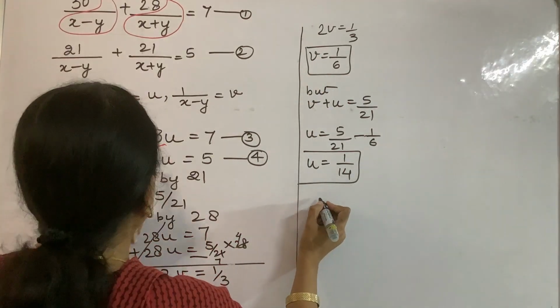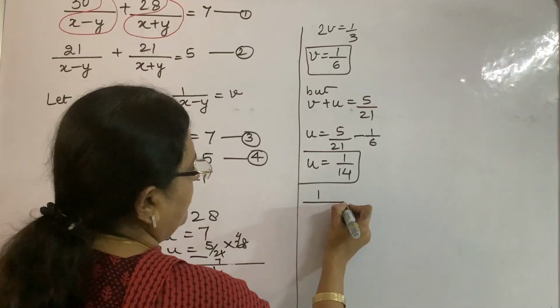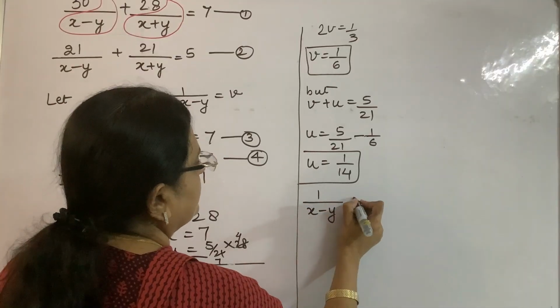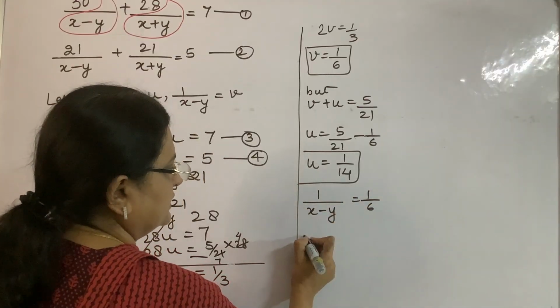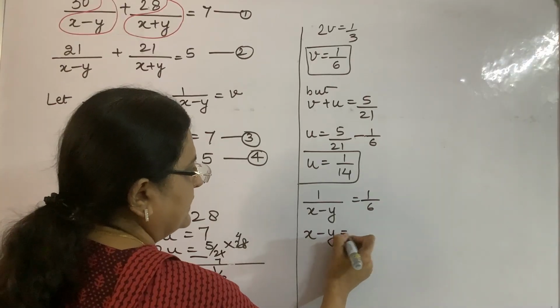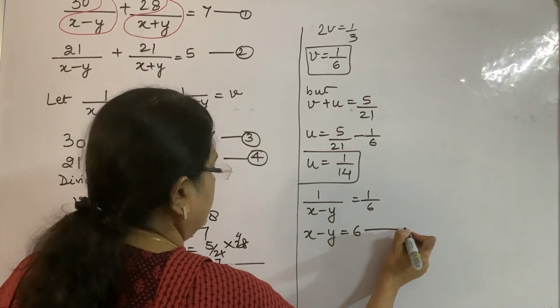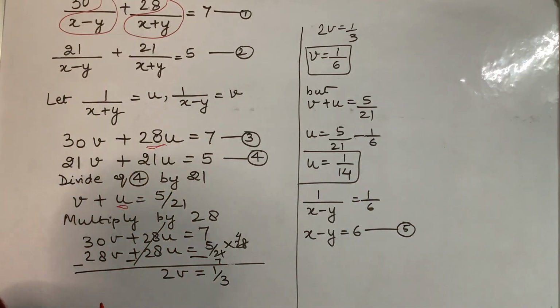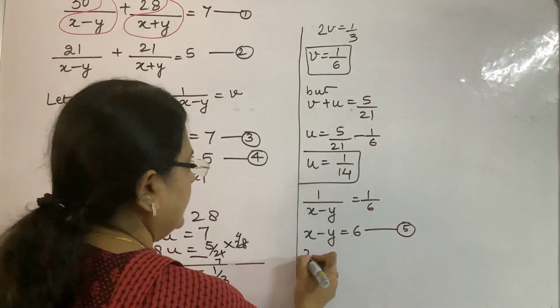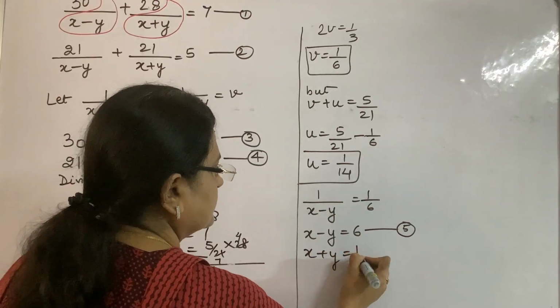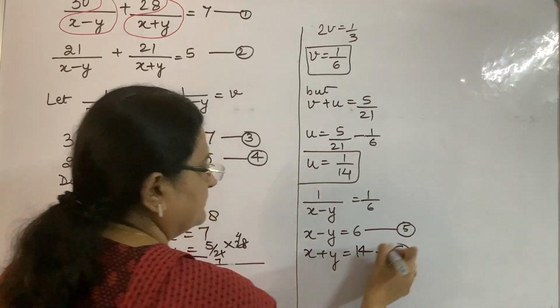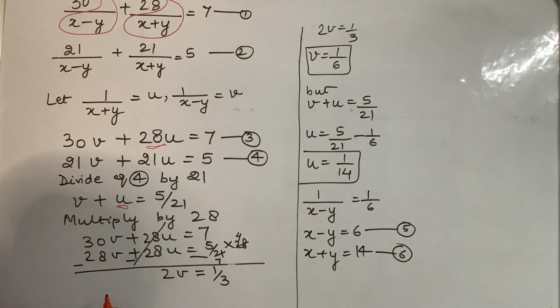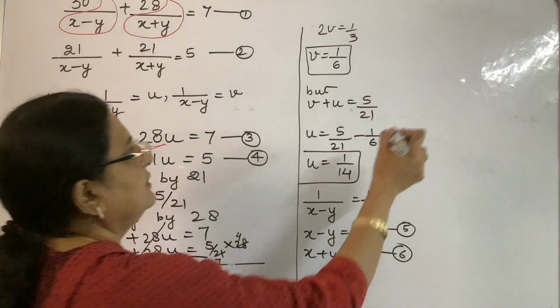So 1 upon v means 1 upon x minus y is equal to 1 upon 6. From here you get x minus y is equal to 6. Okay? And from here x plus y is equal to 14. Now you have these two equations and you have to solve them for x and y.